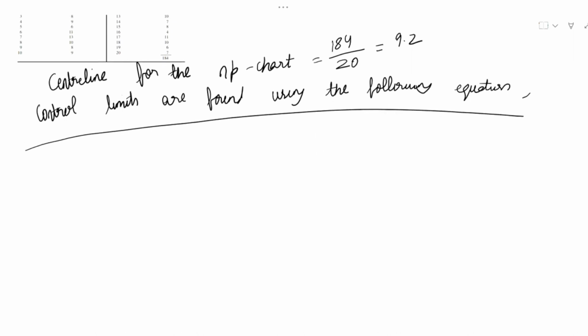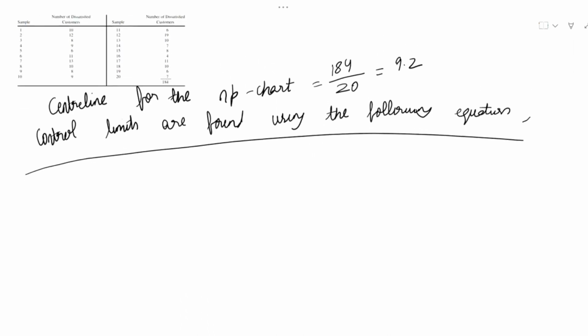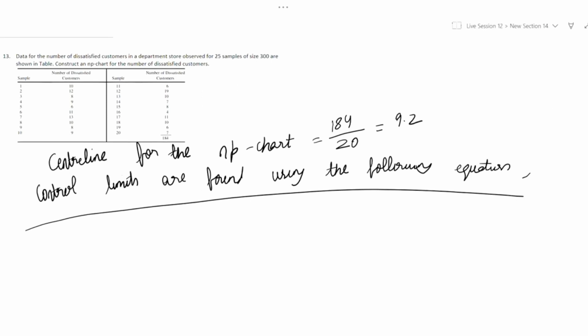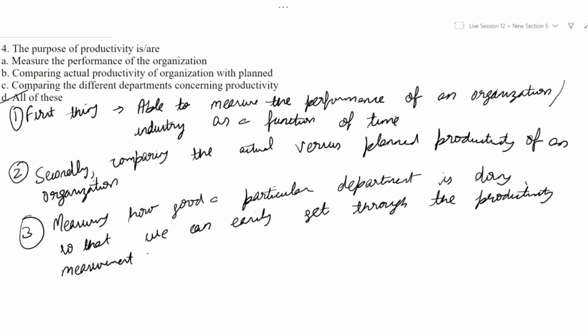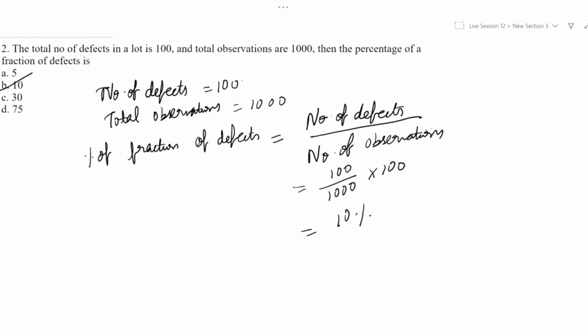Here we found out the P bar also. Now the control limit for this is found out by, we already discussed the question for this.